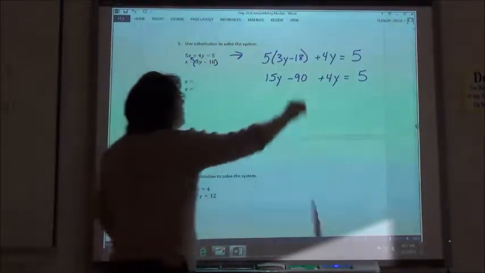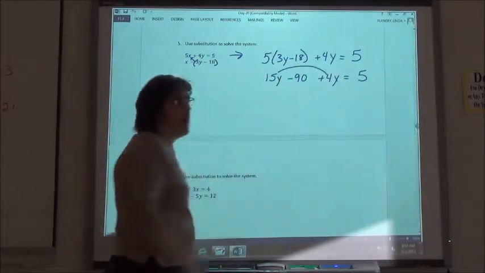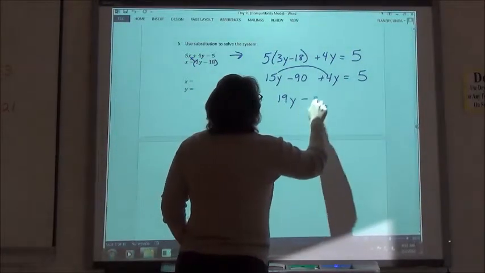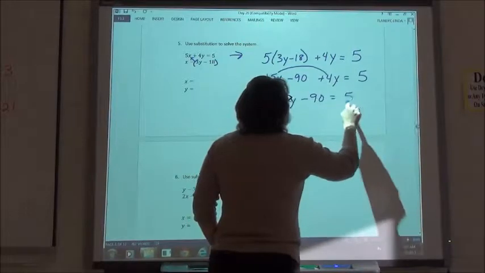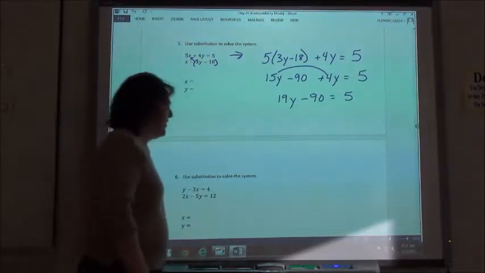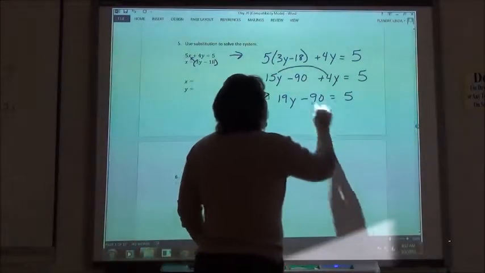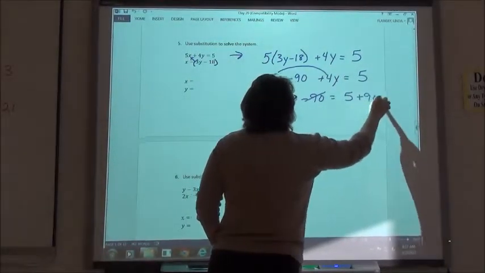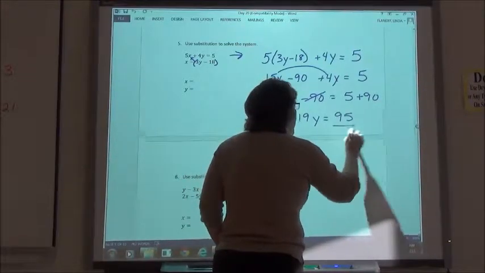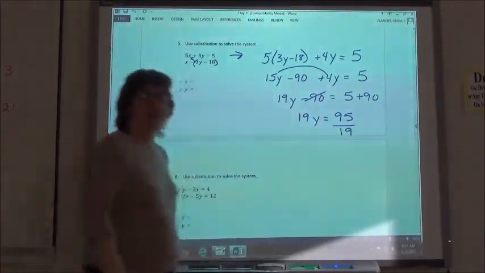Combining our like terms, 15y plus 4y, 19y minus 90 equals 5. Then we're going to add the 90. 19y equals 95. And our last step, dividing.